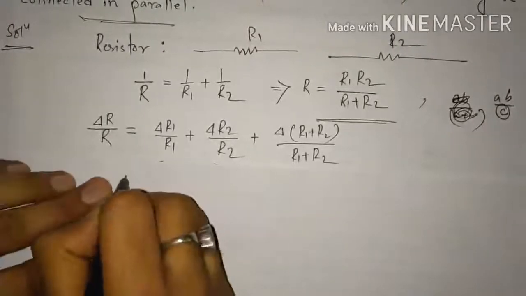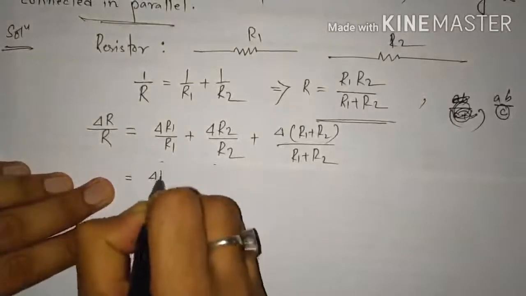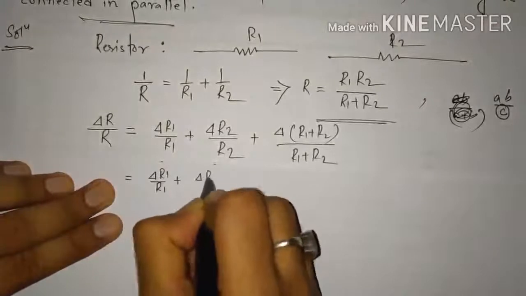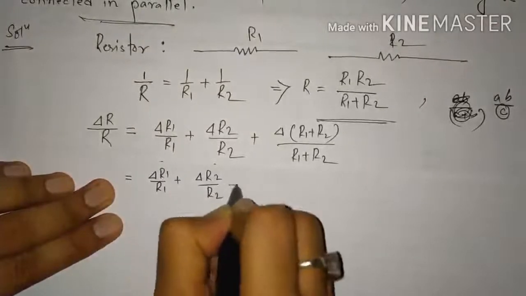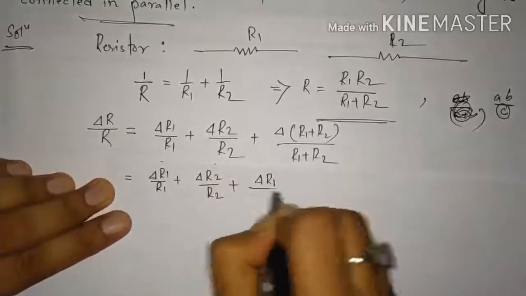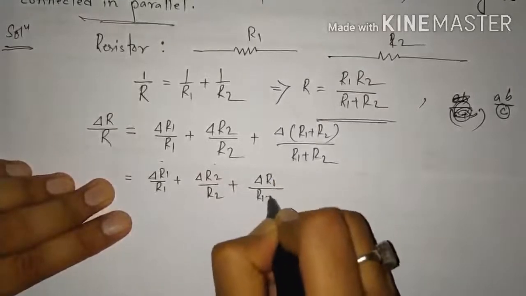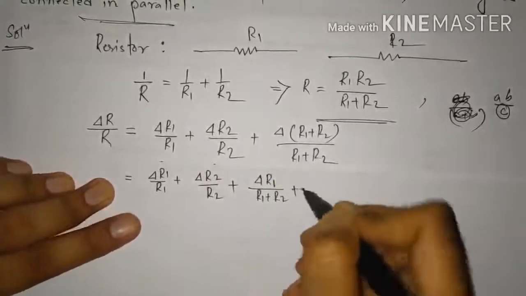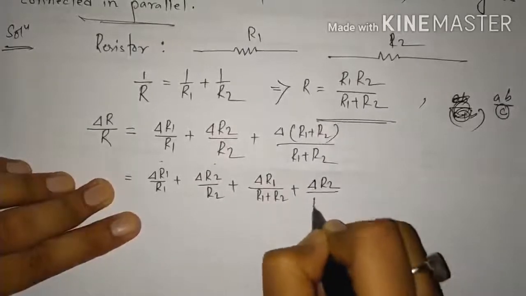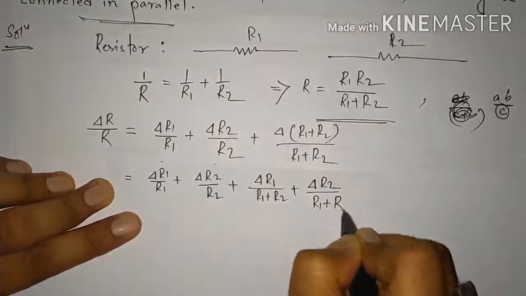So this is equal to, again I can write, delta R1 by R1 plus delta R2 by R2 plus delta R1 divided by R1 plus R2 plus delta R2 divided by R1 plus R2.